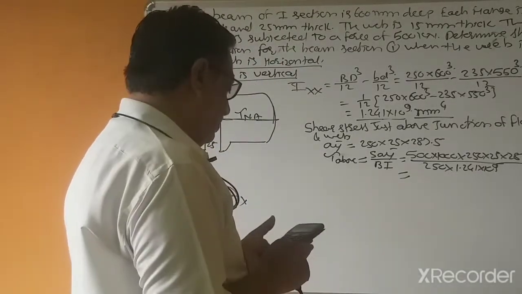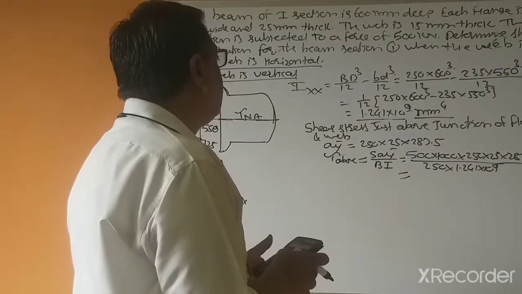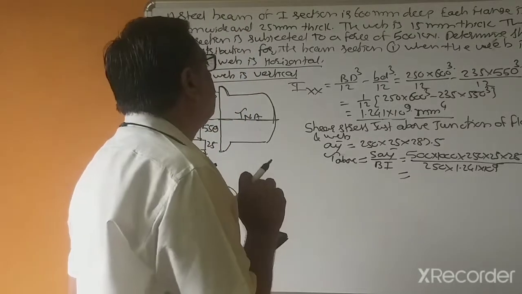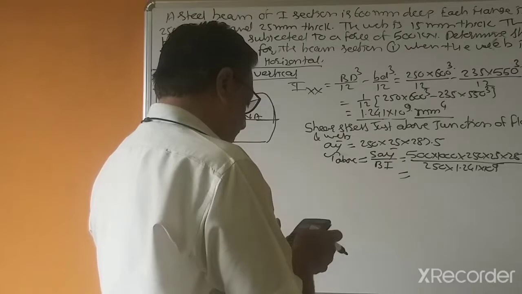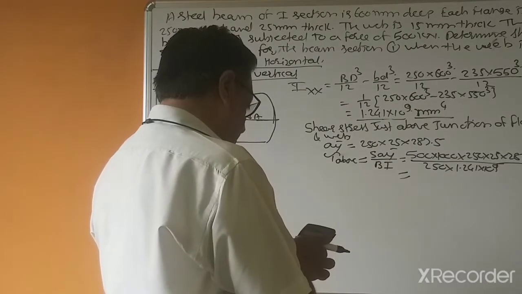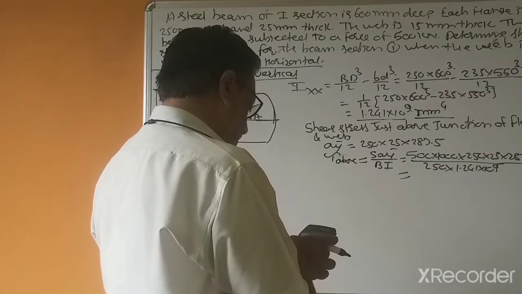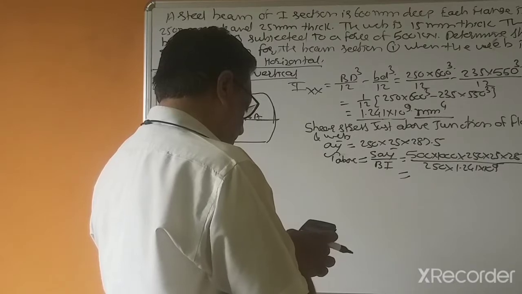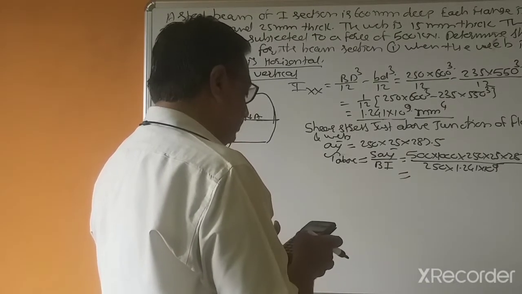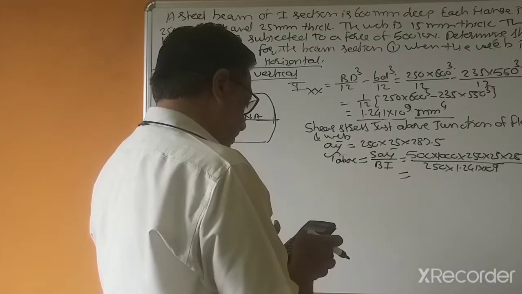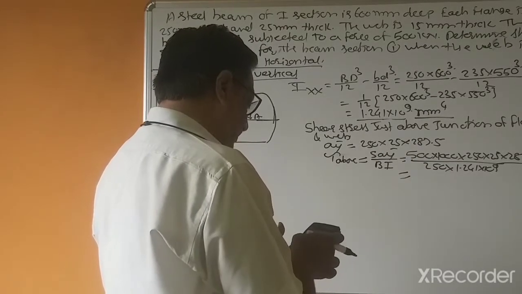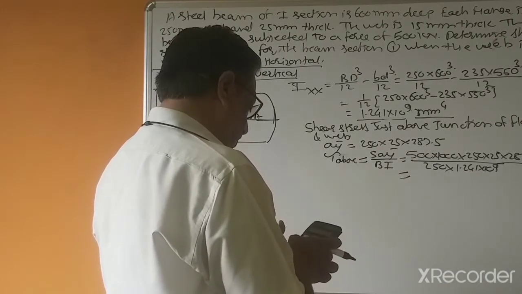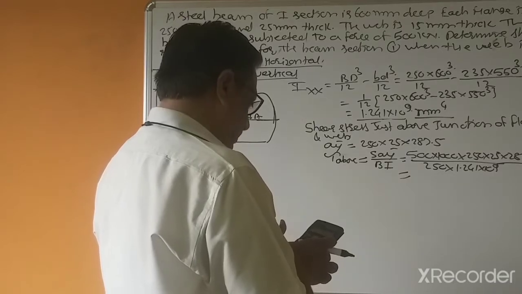I got a slightly different value, so I am checking I equal to 1.241 times 10 to the power 9 once again. 500 multiplied by 1000 multiplied by 250 multiplied by 25 multiplied by 287.5 divided by 250 divided by 10 to the power 9, divided by 1.241.